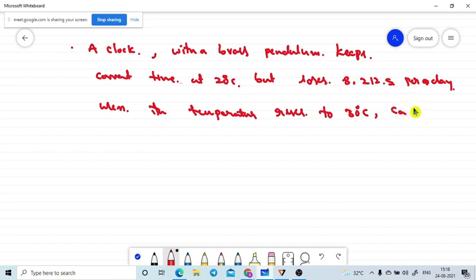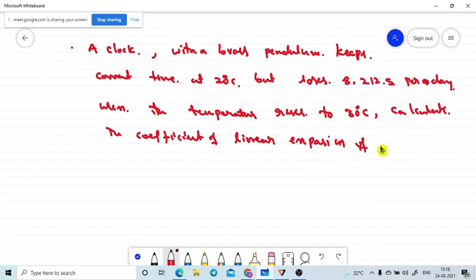Calculate the coefficient of linear expansion of brass.